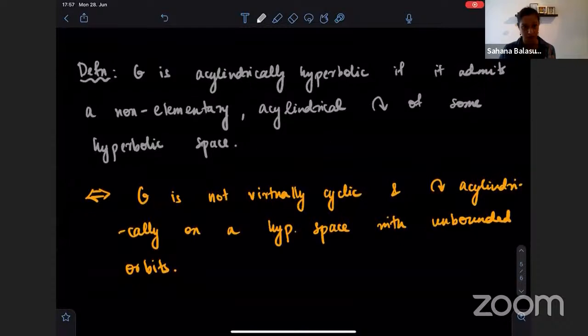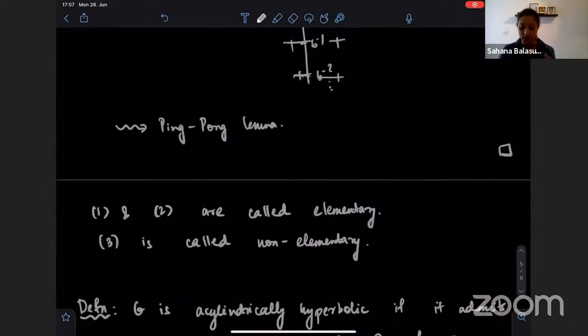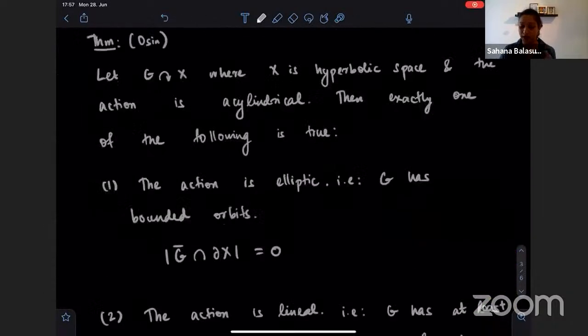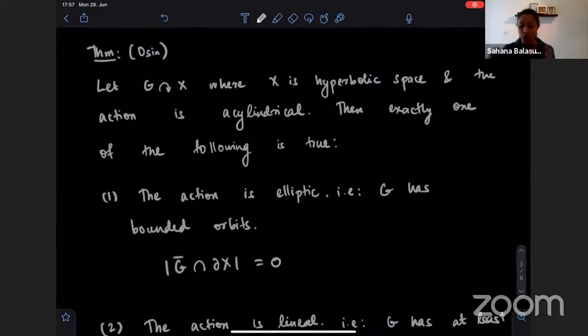I'm just going to say in words, as I briefly mentioned, that analogous to this theorem, which classifies how a group can act acylindrically on a hyperbolic space, there is a more general classification due to Gromov, where acylindricity was not assumed. And you may wonder, how is that classification different from this one? Well, Gromov's classification has two additional possibilities.